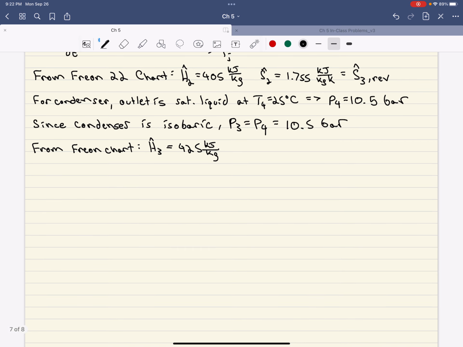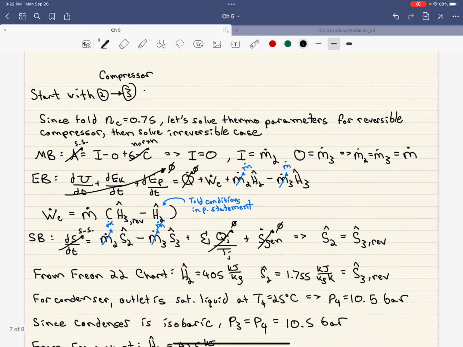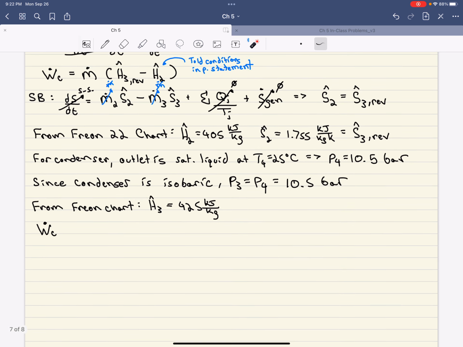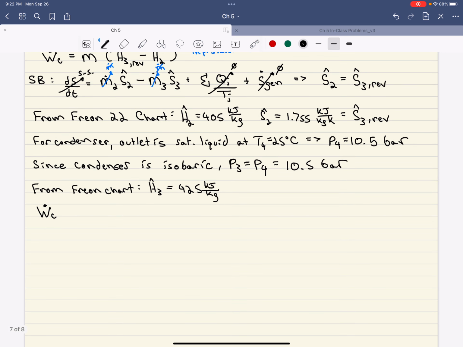All right? And so in our energy balance, which we wrote up here, I'm going to divide the mass onto the left-hand side. And so for the compressor, the reversible compressor, which would just be H3 reversible minus H2, we have all of those properties, so this is H3 rev, which we have here.